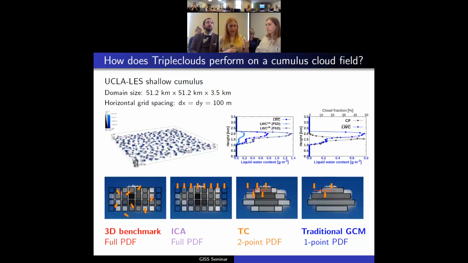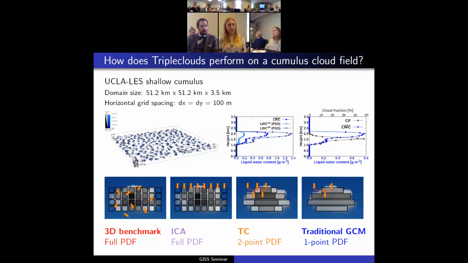I would be happy and interested to talk about how exactly radiation is treated in the GISS model, but many US models use another type of radiation solver called the Monte Carlo ICA, Monte Carlo Integration of Independent Column Approximation, which is a bit different method.